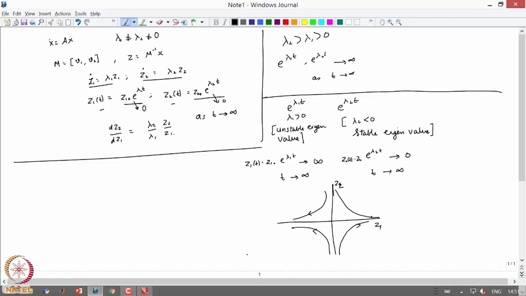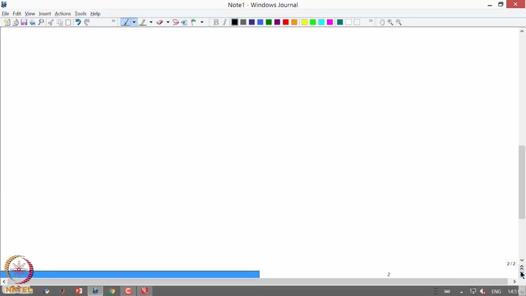So let us again do this over here. When I have complex eigenvalues, this means my lambda 1, 2 are of the form alpha plus minus j beta.